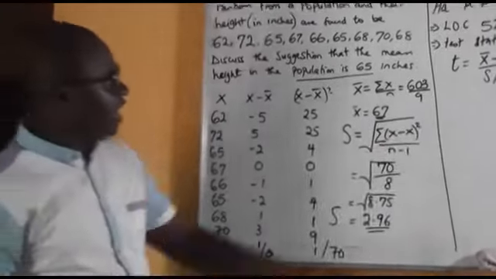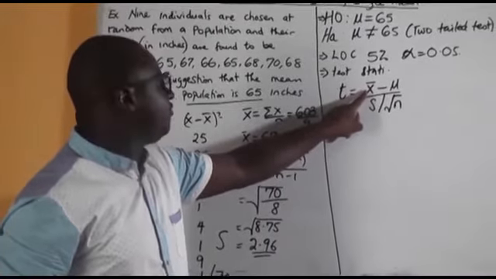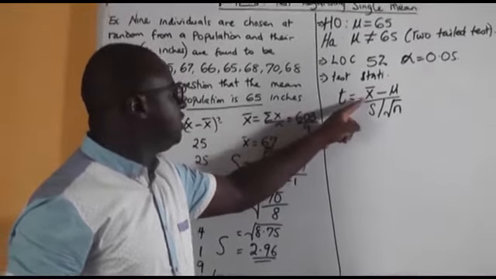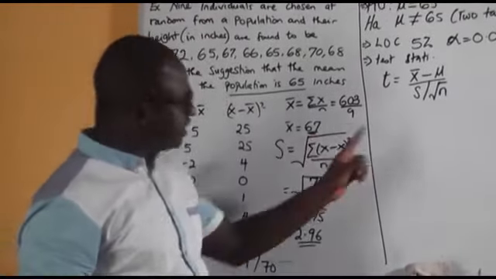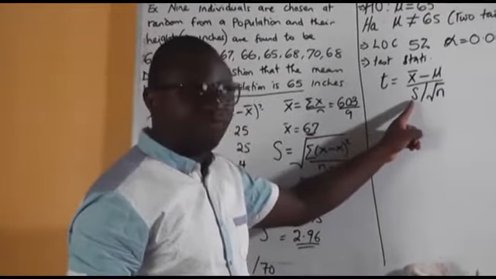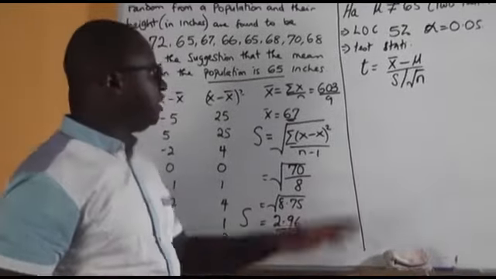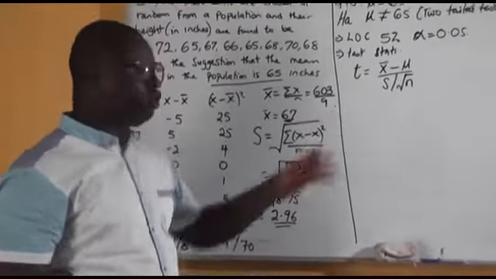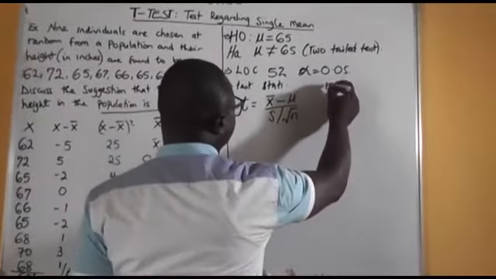In the formula, we have gotten the sample mean, which is 67. Then, we have gotten the standard deviation to be 2.96. All we need to do now is to slot the values into the formula and then solve it.